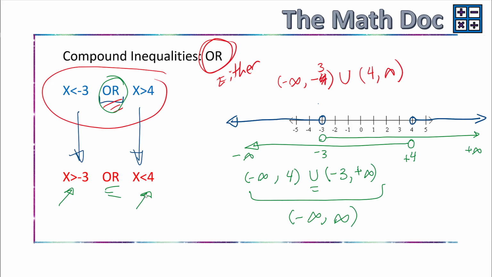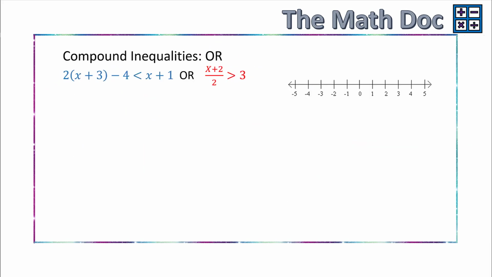Now we'll go on to a slightly more complicated one. So what do we have here? Well, again, we have two inequalities, and they are combined with the OR requirement here. So we know that any x that solves either one of these will satisfy the compound inequality with this OR restriction.